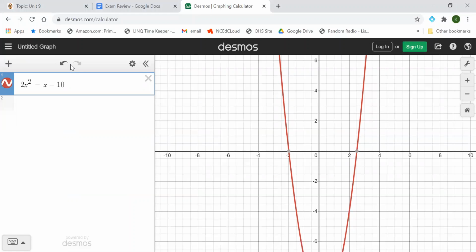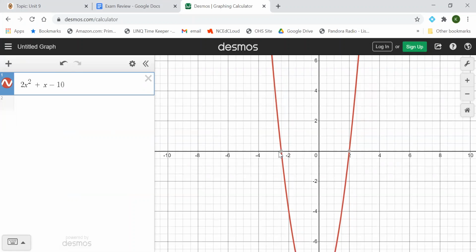Plus x minus 10. And when you're solving a quadratic in Desmos or solving any equation in Desmos, you're looking for the x-intercepts, the numbers where it crosses the x-axis. Negative 2.5 and 2 would be solutions to this quadratic, but with logs, we can't take the log of a negative.